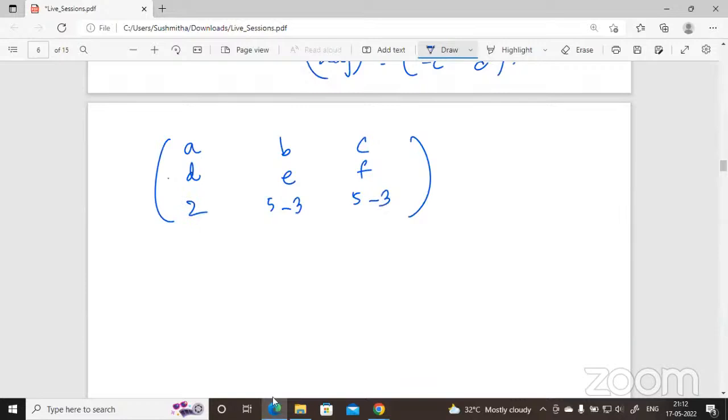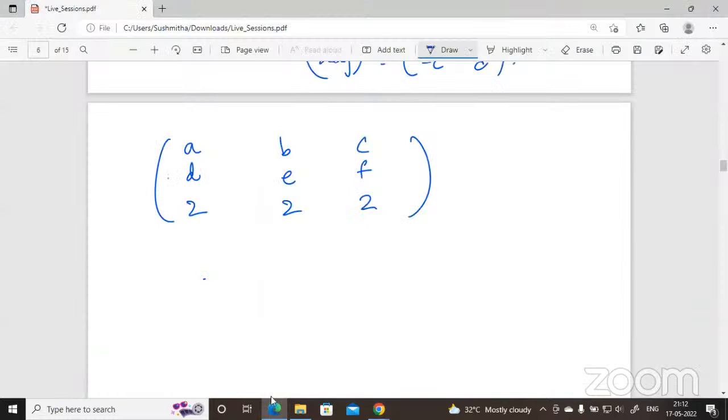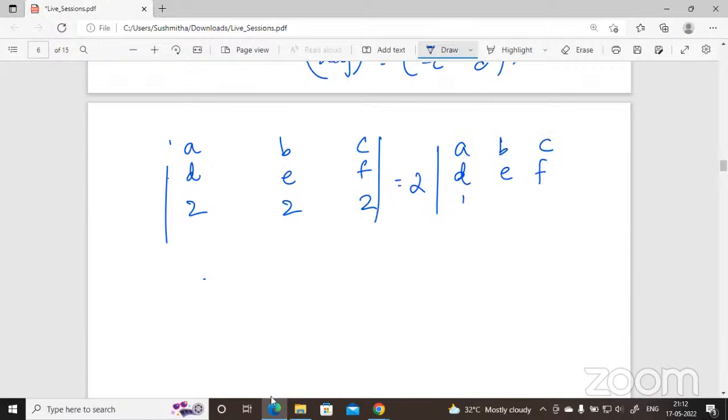And then what is the question? Determinant, I think. Yes, determinant. Then what do you do? That is multiplied by 2. So 2 times A, B, C, D, E, F, 1, 1, 1.